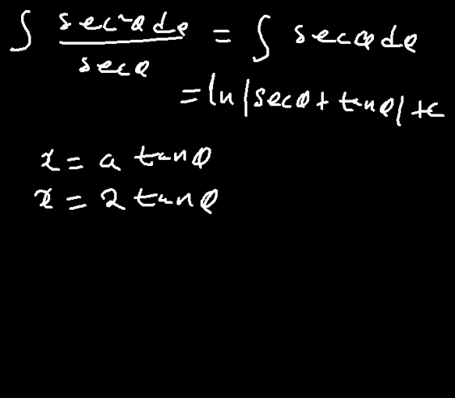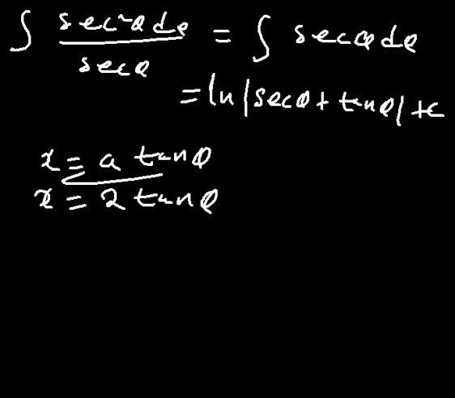But as you can see, we have managed to integrate the expression, but now it has been integrated in terms of theta. Our original expression wasn't in terms of theta, it was in terms of x. Therefore we should come back to where we transformed it from x to theta.